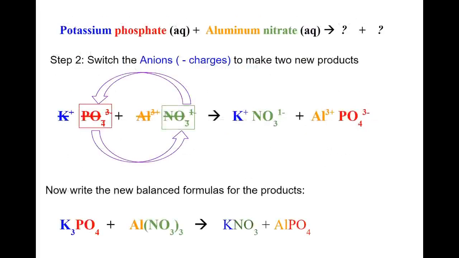On the next slide, we continued on to step number 2, which is switching the anions to make your 2 new products. So I first wrote down K+ and Al3+, and then I had blank spaces after my K and after my Al. So out of my pool of 4 potential ions that I can use, I've used the first 2.